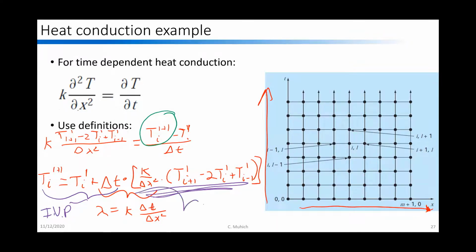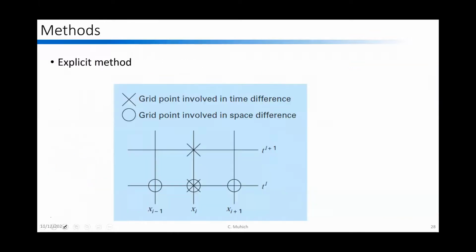Then within this piece, this looks like a boundary value problem where I have multiple pieces looking back and forth at each other. So we've got this combination of initial value problem and boundary value problem, which is unsurprising because that's really what we have. Today, there's multiple ways to approach this, but today I'm going to talk about the explicit method.